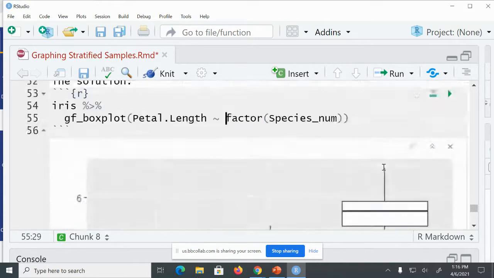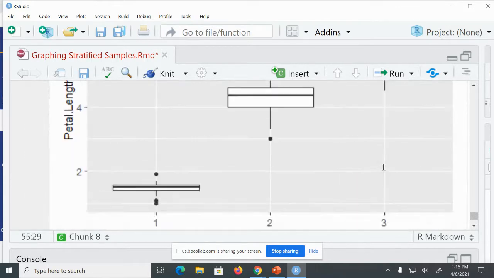And when you do that, we get back the graph that we wanted, just labeled with the numbers that we assigned to the species rather than the species names. All right.